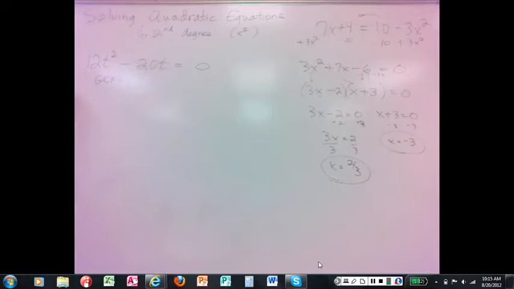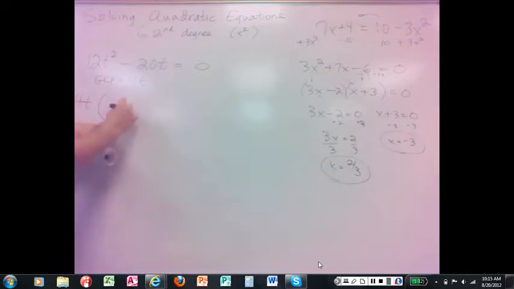The common factor would be, well, 4 would be a common factor, and t, wouldn't it? 4t would be a factor of both of those terms on the left. Pull that 4t out front, and then you divide it out of each one of these terms. So what's left here out of the 12t squared? 3t?